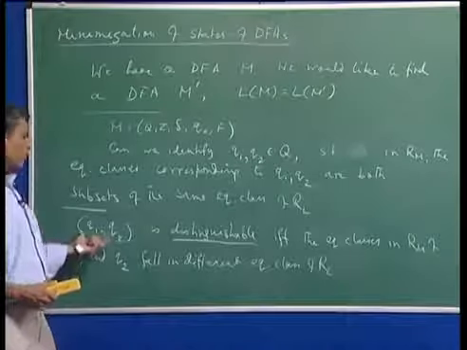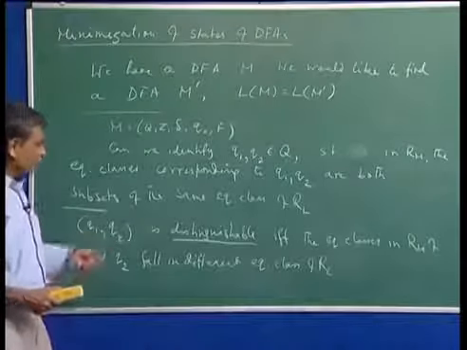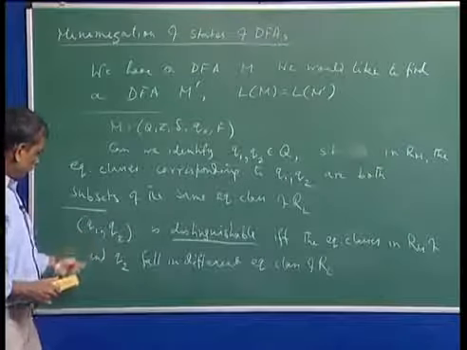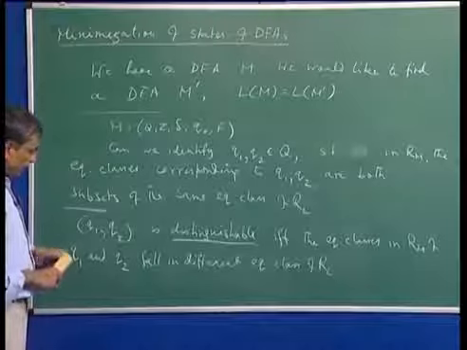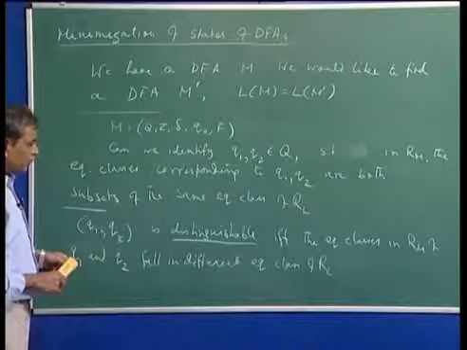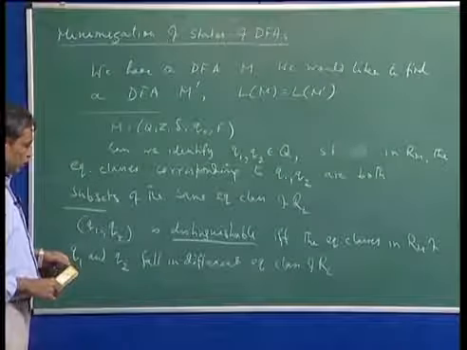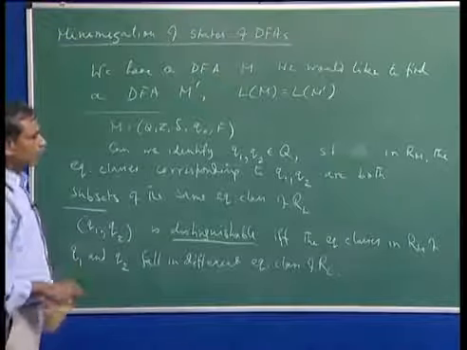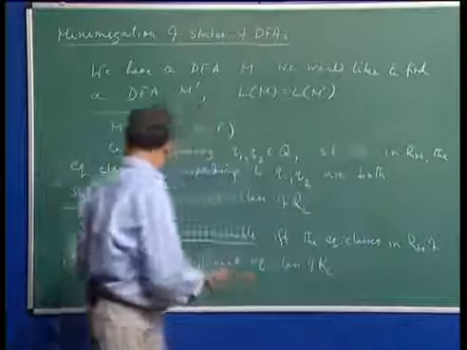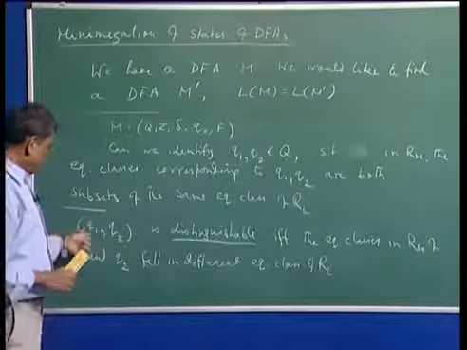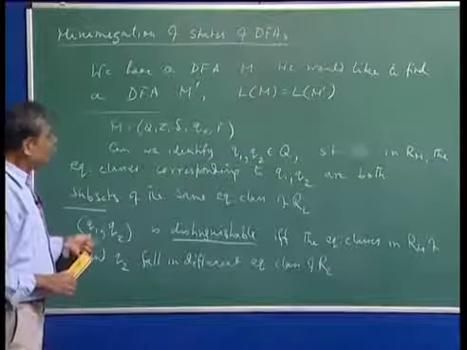I say a pair of states is distinguishable if this holds. Now, when does this hold?